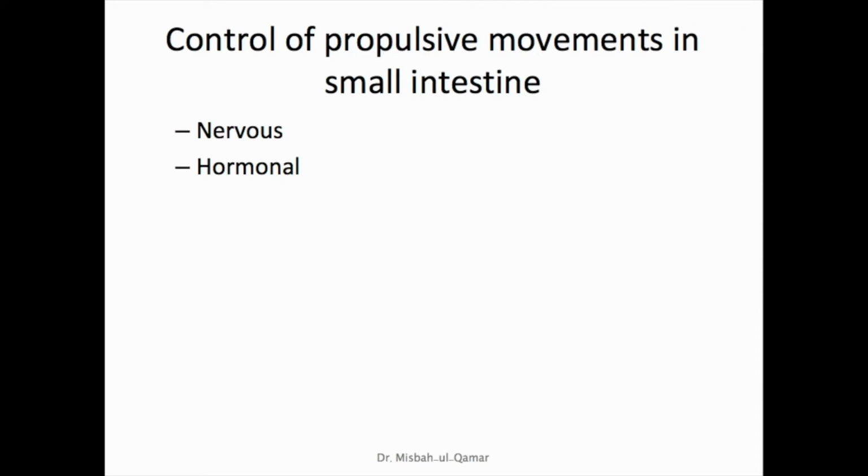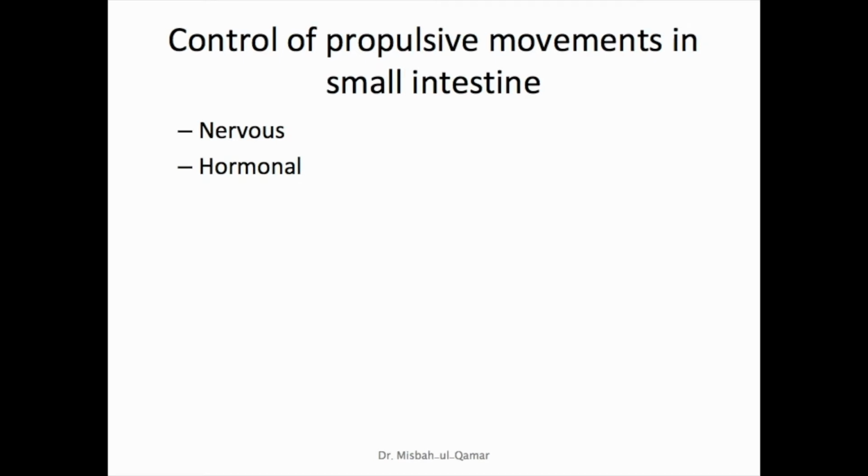And then there is a gastroenteric reflex. This gastroenteric reflex is initiated by distension of stomach, which spreads down along the wall of small intestine, and it is conducted mainly by myenteric plexus.